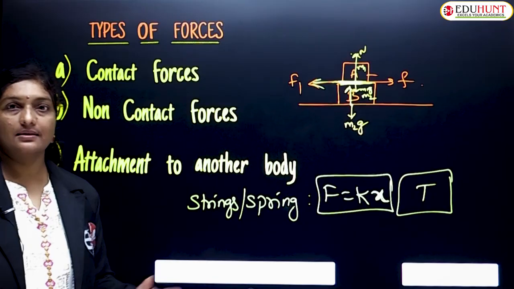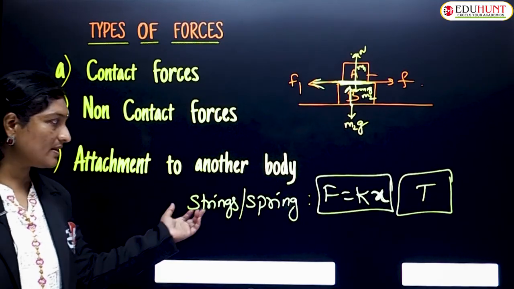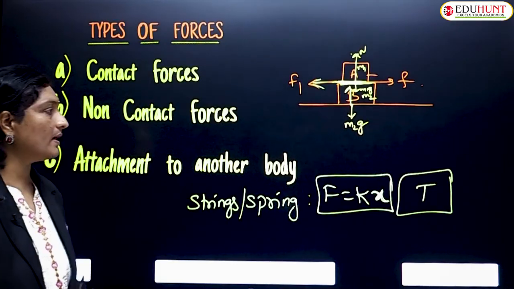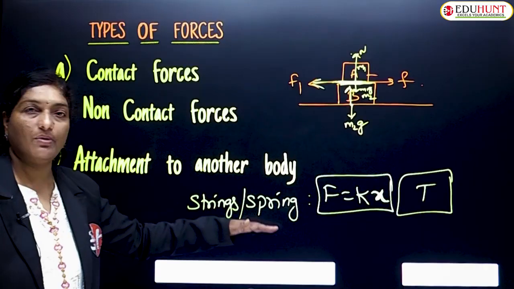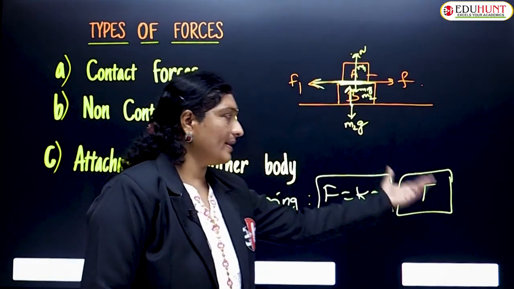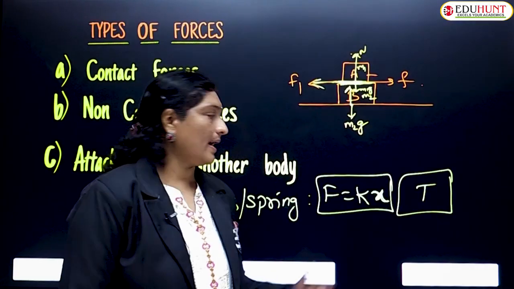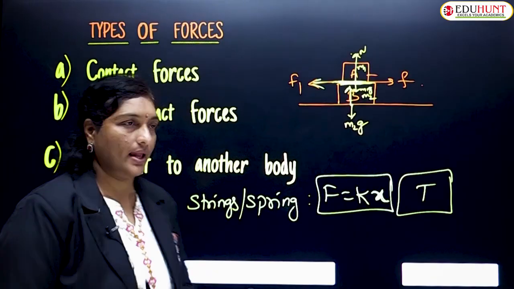Two or more bodies can be connected with the help of strings or a spring. Whenever two or more bodies are connected with the help of a string or springs, then force or tension will come into play, and it depends on the factor that F equals kx.